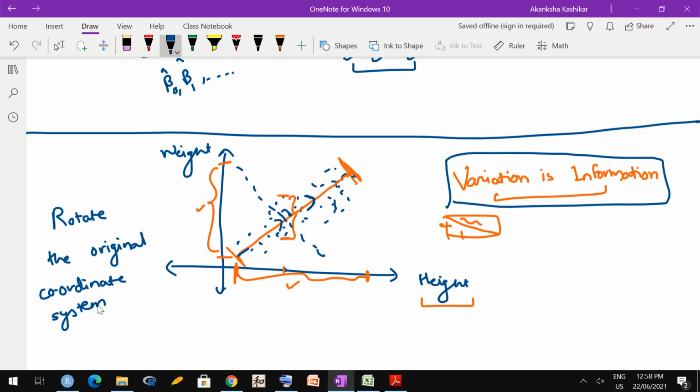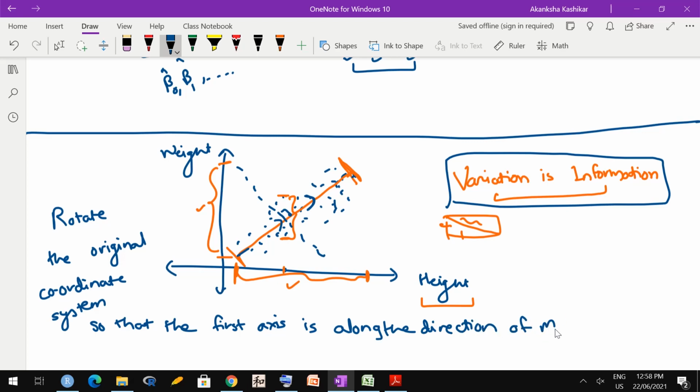Okay, so you rotate the original coordinate system so that the first axis is along the direction of maximum variation in the data. Okay, the first axis is along the direction of maximum variation in the data.